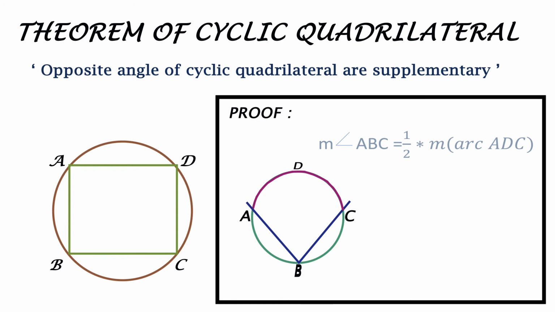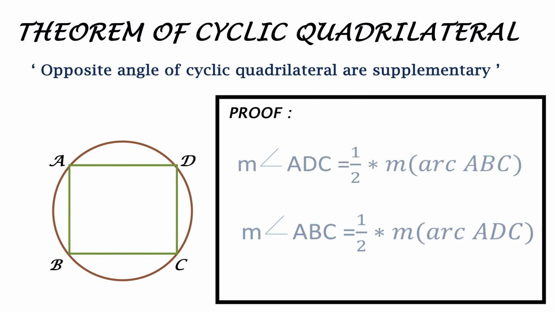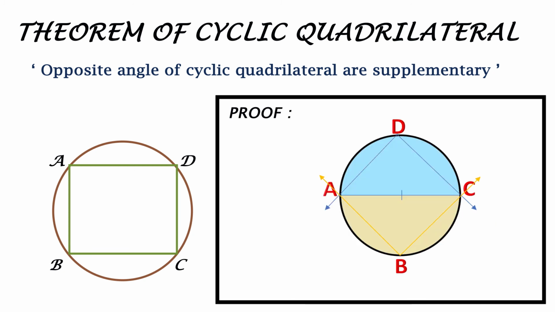So the next formula we create is: angle ABC is equal to half of the measurement of arc ADC. Now we add the first equation and the second equation. See the next diagram: when the two arcs are joined to each other, they form the whole circle.